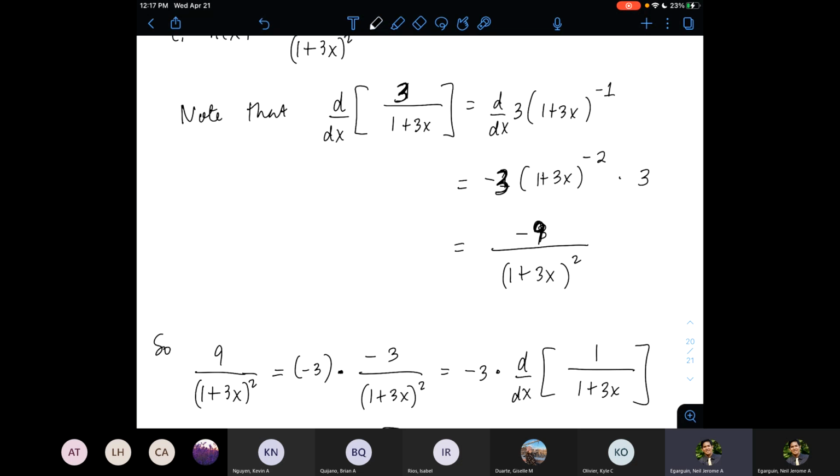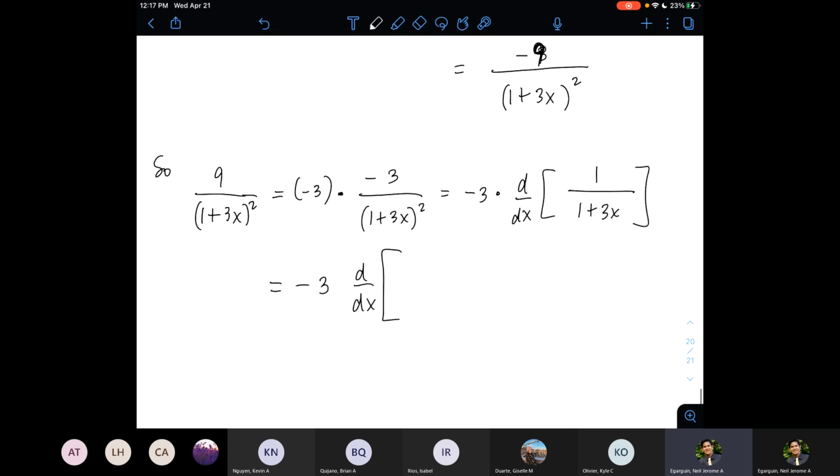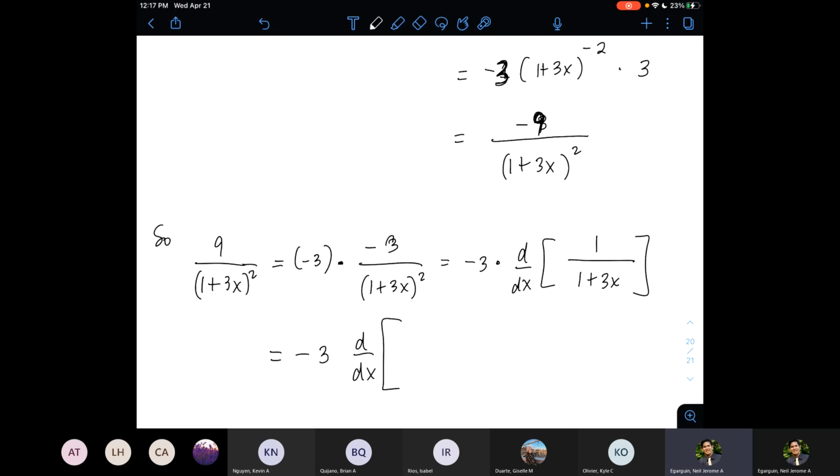Actually, that's my purpose, to have a 9 there. So this is -9. So all we need here is a -1 multiplier. So that means just a negative sign in front of the derivative, right? And this is the derivative of 3 over 1 plus 3x. All right. I don't need a 3 there.